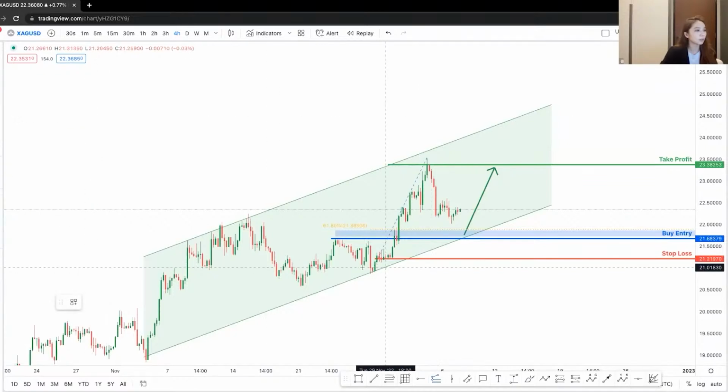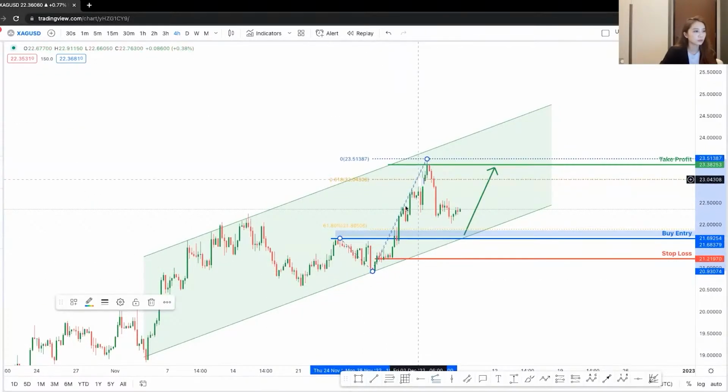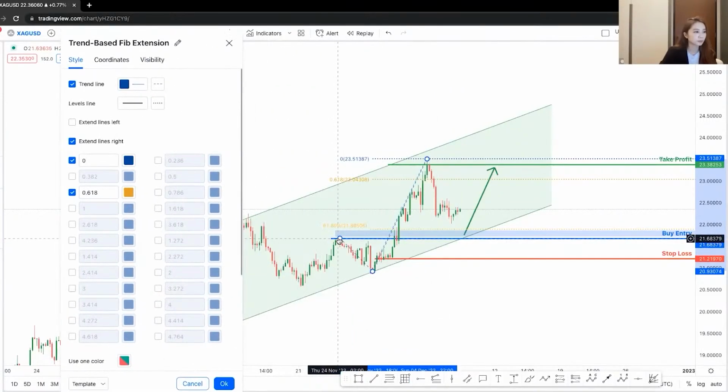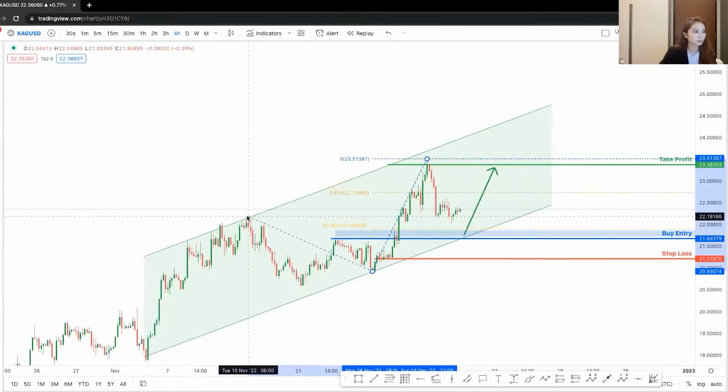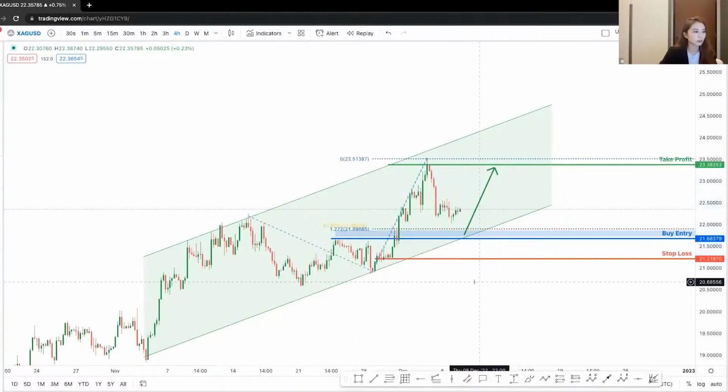Let's use our projection. Drawn wrongly. Okay, so 127.2 coincides with our retracement.